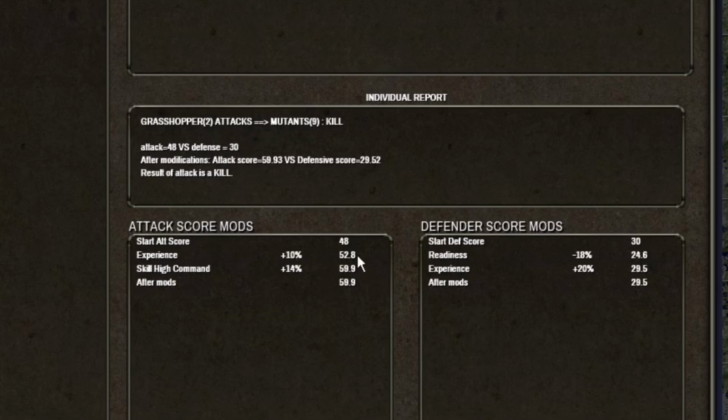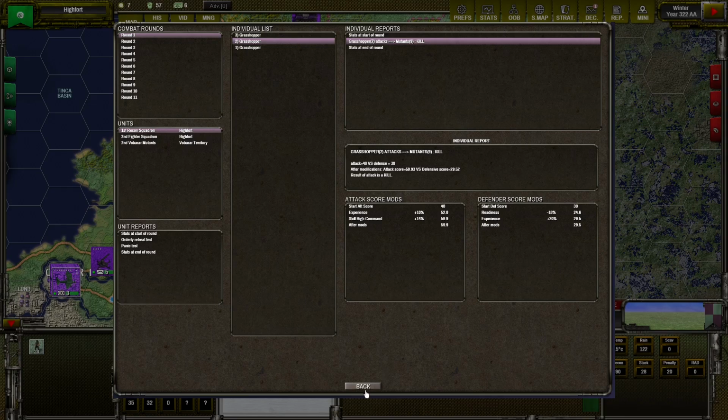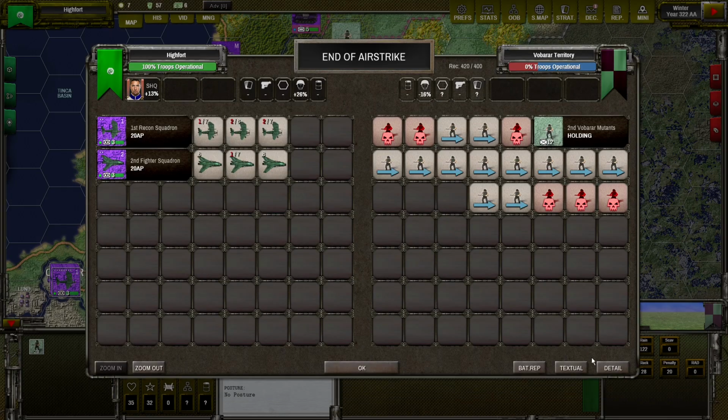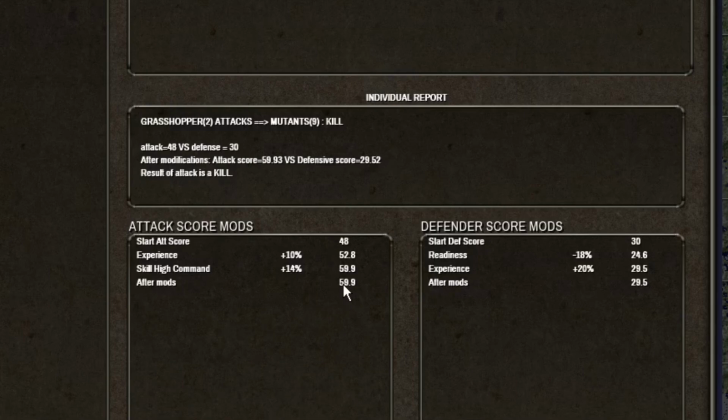Also, we had modification from experience, and our SHQ commander also gave the modification, because here you can see 13% from SHQ commander. So at the end, we had nearly 60 attack, and the defense was decreased because of the lower readiness, but then restored because of the experience, but still nearly 30. So we had nearly double their defense. So that's why we had a high chance to hit and even kill somebody.